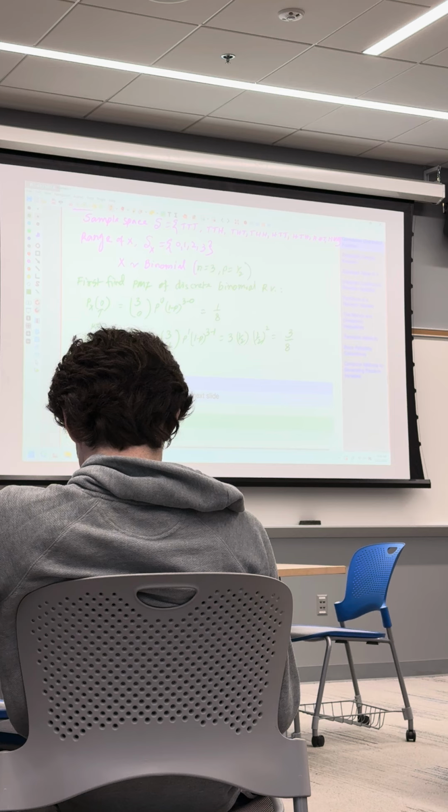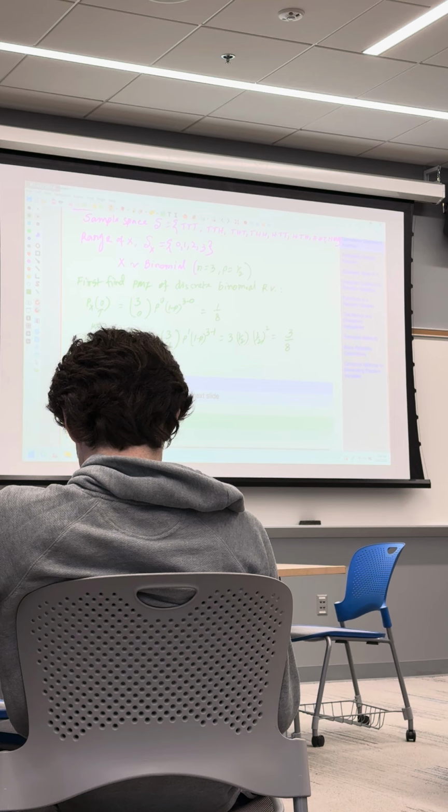Find the PMF of that random variable X. So the PMF of random variable X taking value 1 is, by definition, the probability that X takes exactly value 1, which, because it's a binomial random variable, is C(3,1) p to the 1, (1 minus p) to the 3 minus 1.